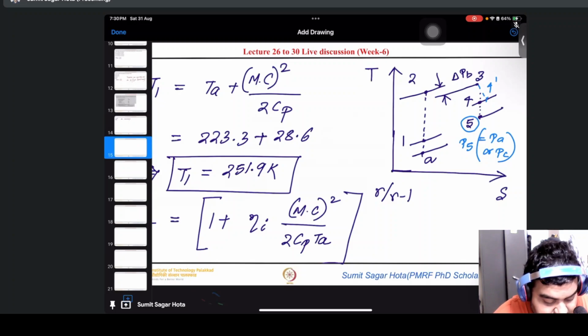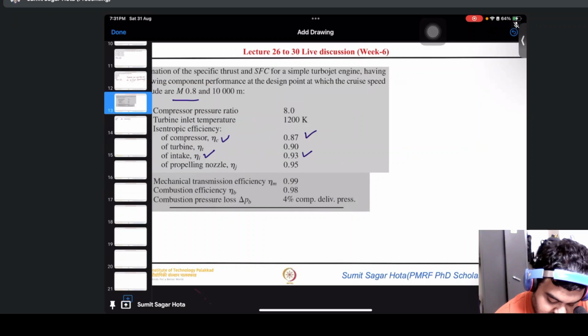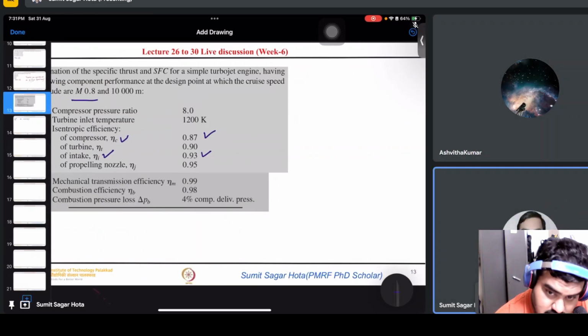So why will you consider this formula of turbine work? Because in the question it's given the mechanical transmission efficiency, which is 0.99.